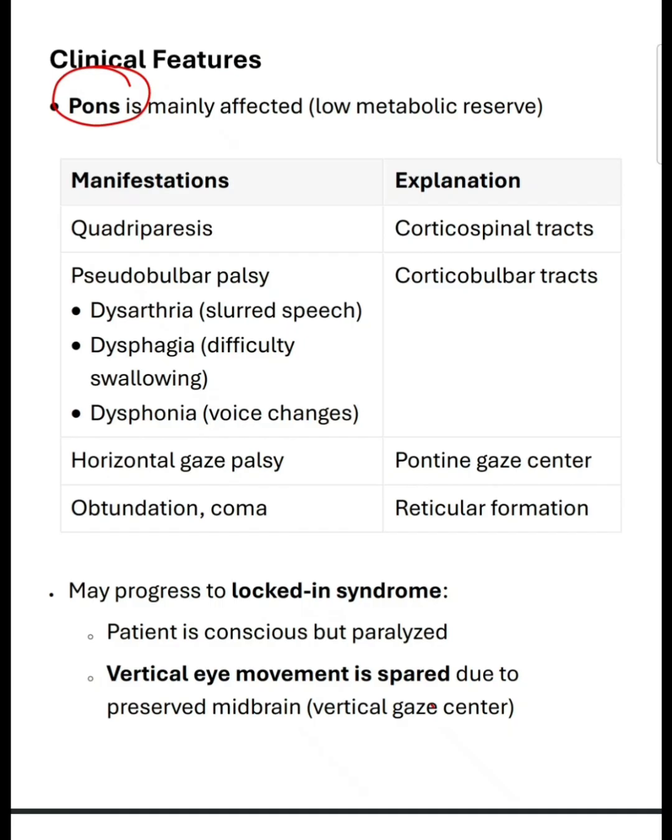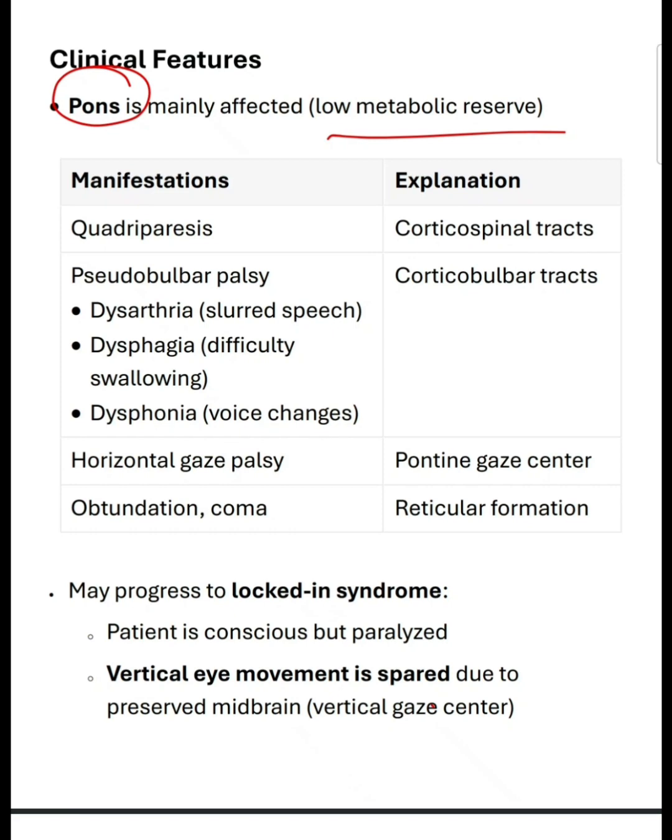It is thought that the glial cells in the pons have low metabolic reserve, meaning that they cannot accumulate those organic solutes rapidly, because they are not metabolically that fast. So that is why people think that maybe the pons is affected first.